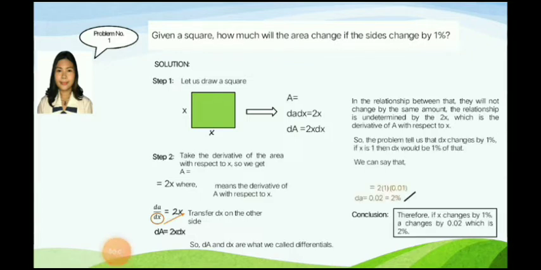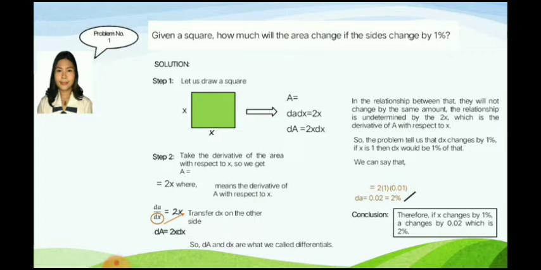So the problem tells us that dx changes by 1%. If x is 1, then dx would be 1% of that. So we can say that dA is 2 times x times dx, where dx is equal to 1%, because 1% is 1 over 100 of 100%.